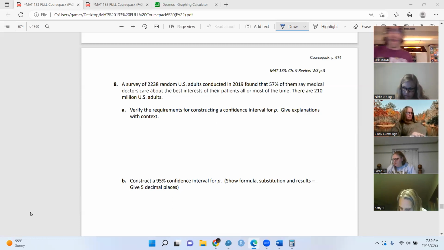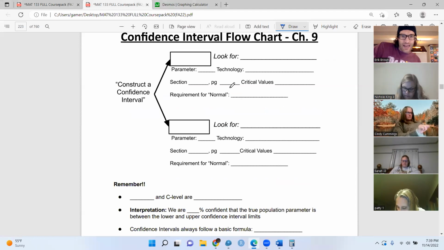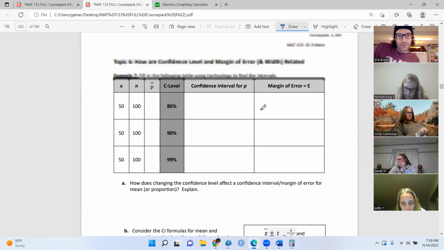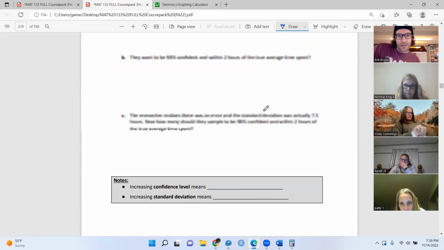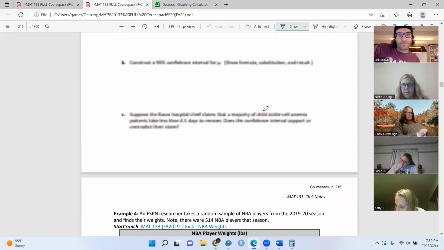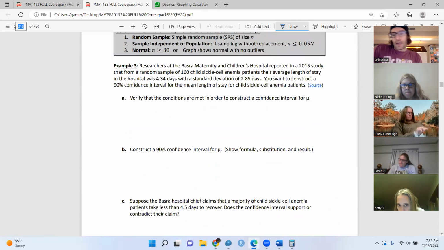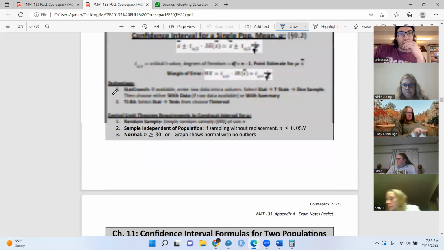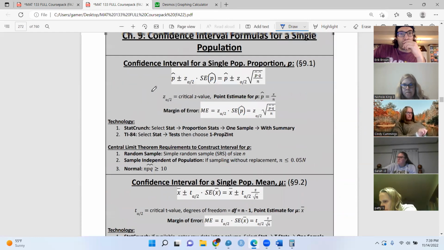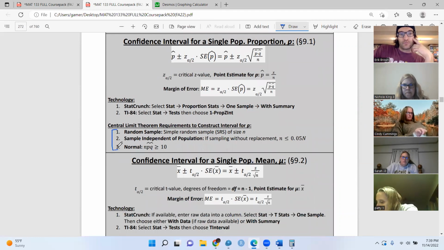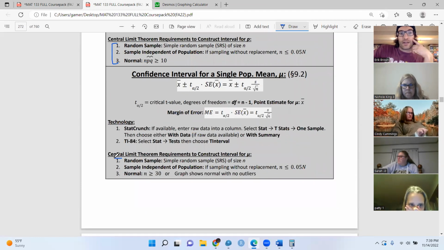Your flow chart for A, does A have a verify section on it? It doesn't, right? Was there a chapter 8 flow chart? I don't think so. So you've got to remember that when verifying, you can go back to page 272 and here's the verifies, or maybe you add a section of verifying on your flow chart.